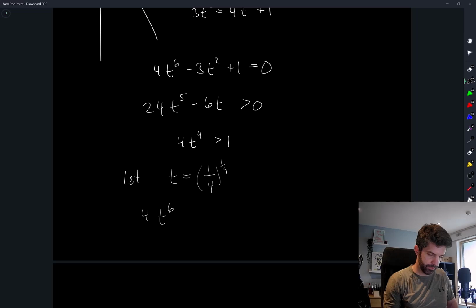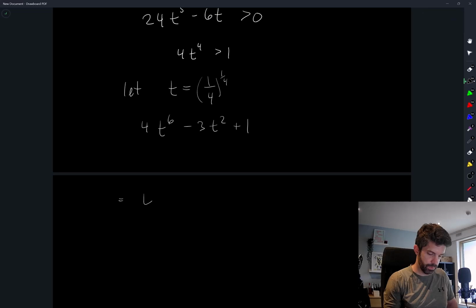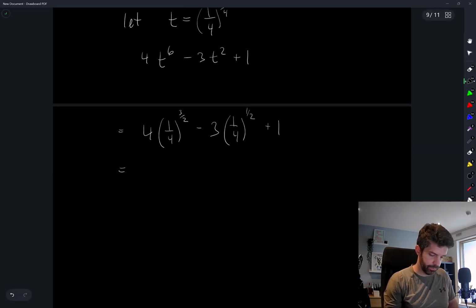4 t to the 6 minus 3 t squared plus 1 is then equal to 4 times 1 over 4 to the power of 3 over 2 minus 3 times 1 over 4 to the power of half plus 1. Okay, so we have 4 times 1 over 2 cubed minus 3 times 1 over 2 plus 1.